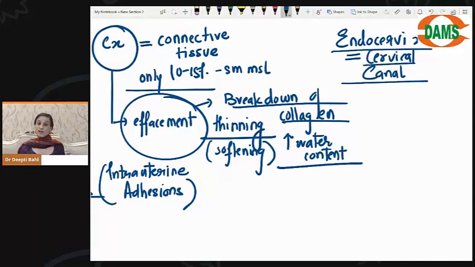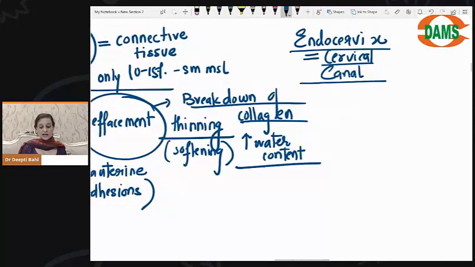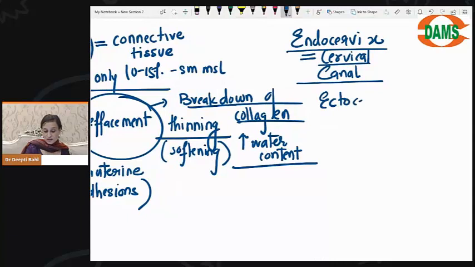We talked about canalization of the vagina, cervix, and uterus. So the cervical canal is the area which we call the endocervix. There is another part of the cervix which is called the ectocervix. Ecto because it lies on the outside, endo because it lies inside.